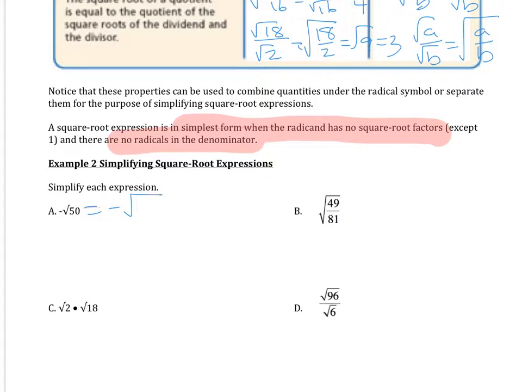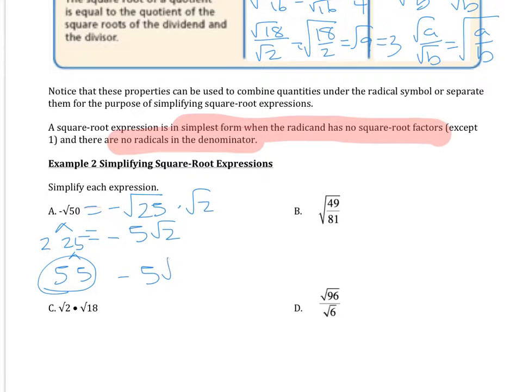You could say that this is the same as negative square root of 25 times square root of 2, which would be negative 5 root 2. Or you do your prime factorization tree. For every 2, 1 comes outside. What stays inside are the singles.